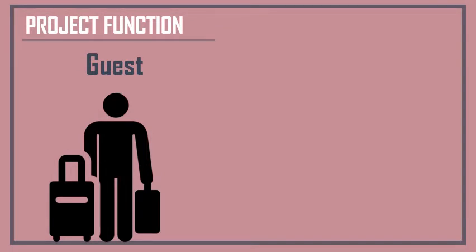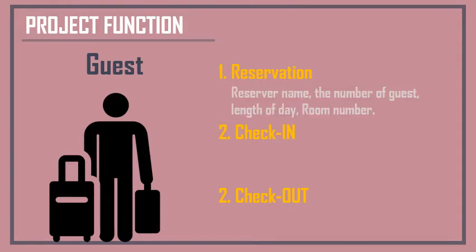The following functions are available to customers. First, the booking function. When a guest makes a reservation, the guest enters the room number by deciding the guest name, number of guests, length of stay, and room type. Second is the check-in function.